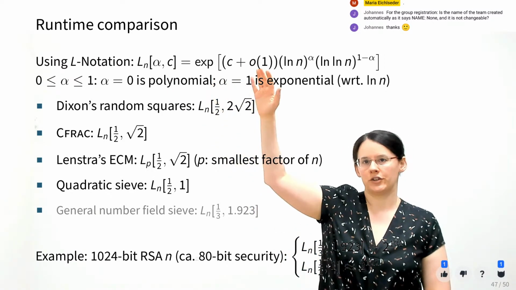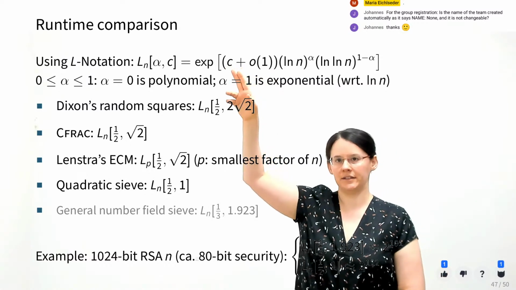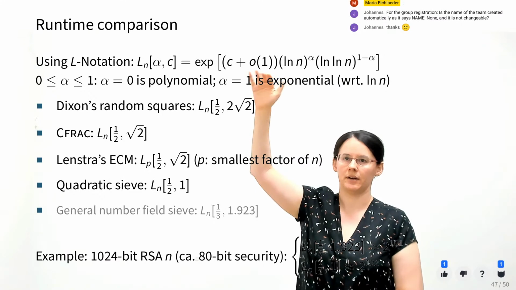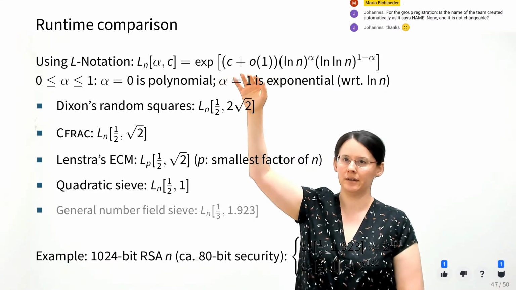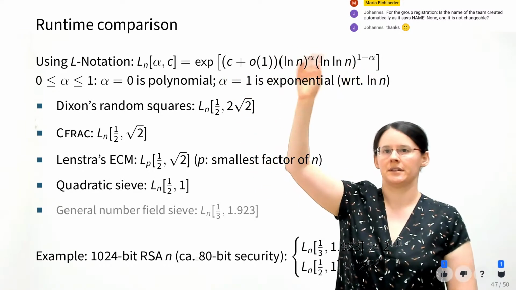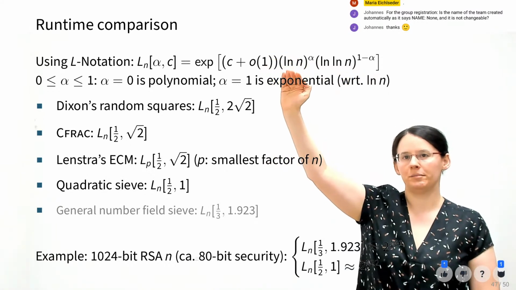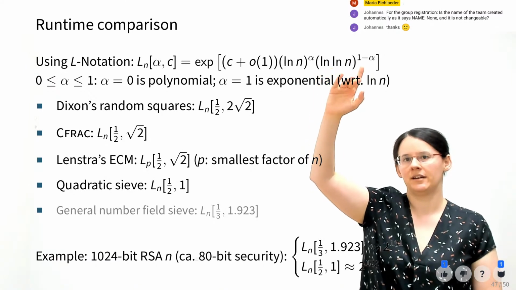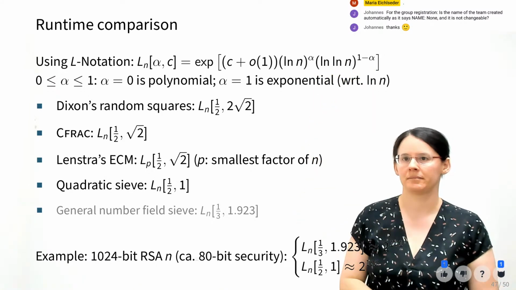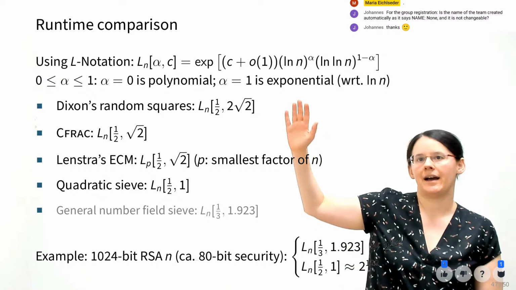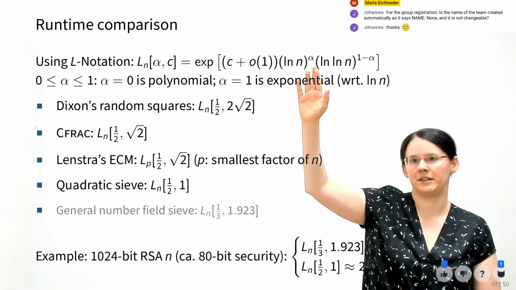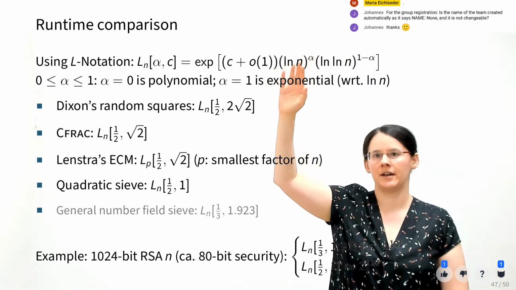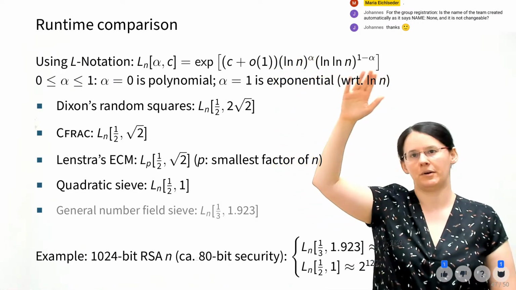It's exponential in a constant plus something that disappears with respect to this constant value, times the following two terms. Something logarithmic in n to the power of alpha, and something doubly logarithmic in n to the power of 1 minus alpha. So what this means is, if alpha is very small, in particular if alpha is 0, then this part here disappears, and what remains of the runtime is only this part here.